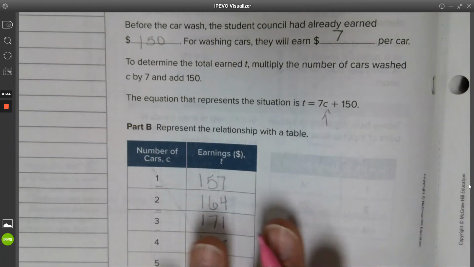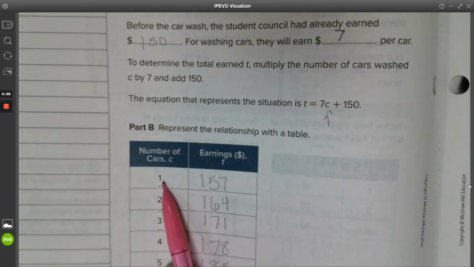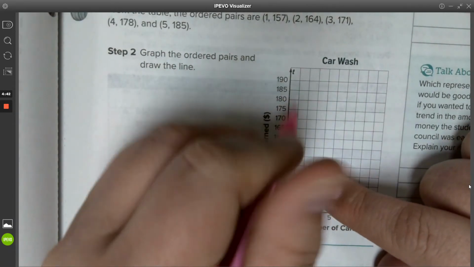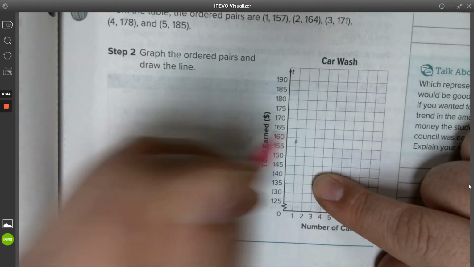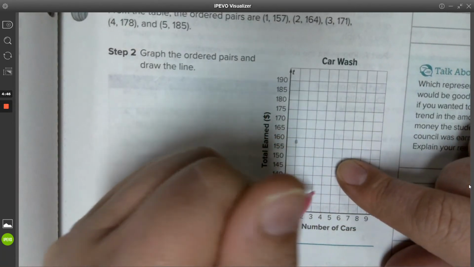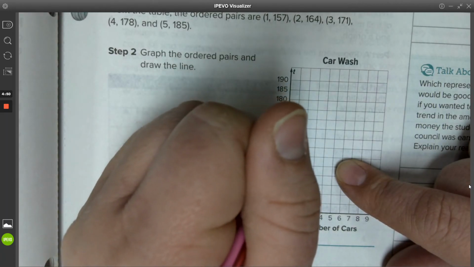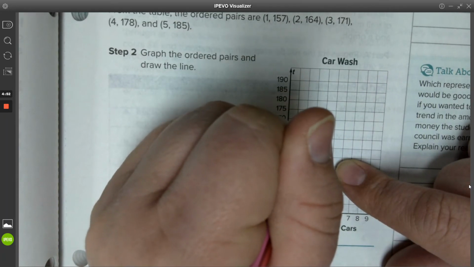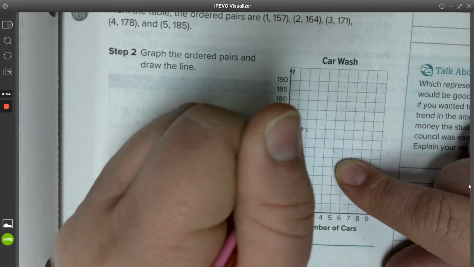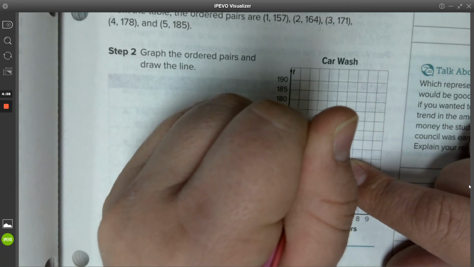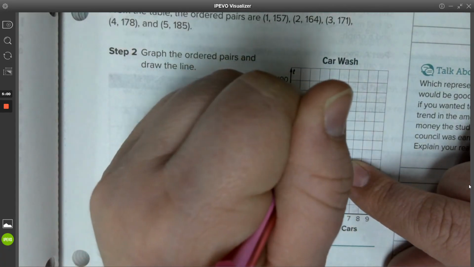Now that we have it as a table, we can use these as ordered pairs. If I were to plot this on my graph, right, 1 and 157, so I'm going to put a point here. 2 and 164. So that would go right here. 3 and 171, be right here. 4 and 178.